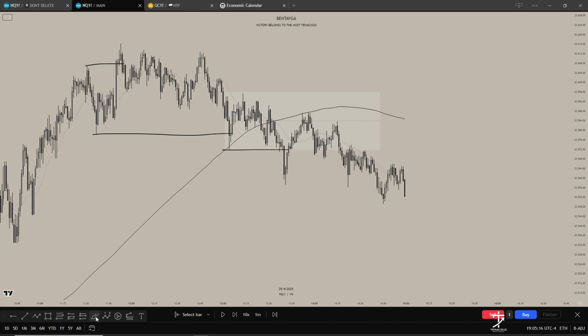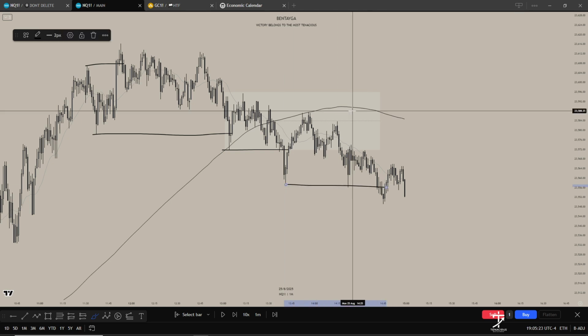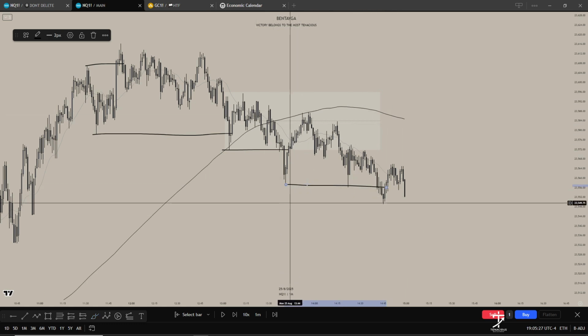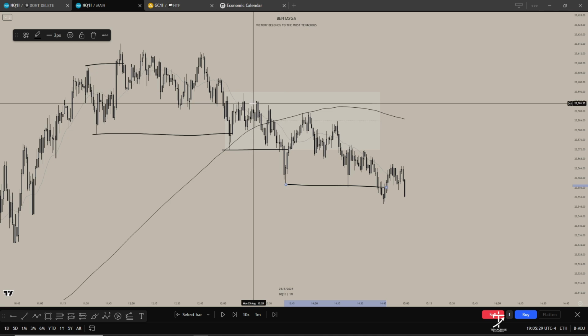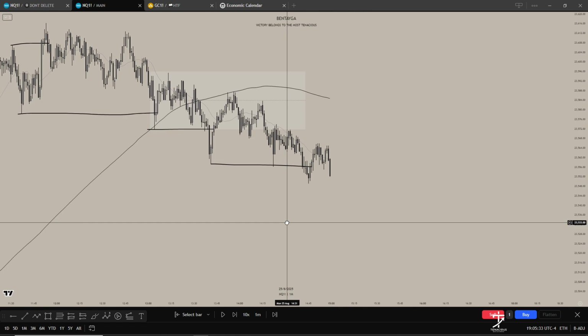So what I'm going to start doing is looking for potential shorts, because we also took out these lows. Now all I'm going to do is potentially look for trades where I can get continuation setups, or if that's not the case, I'm just going to sit and be patient.